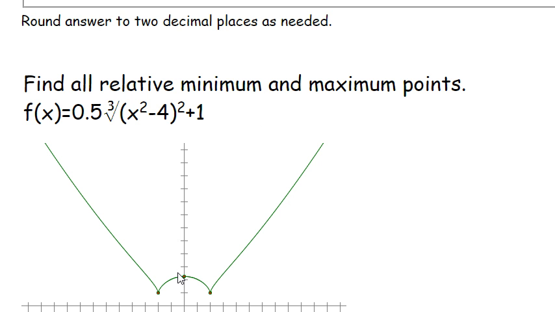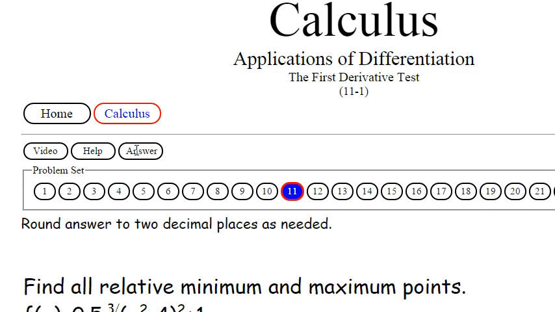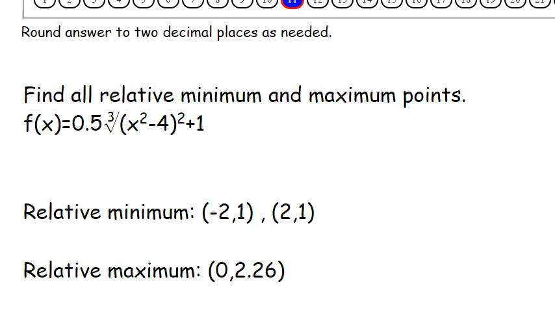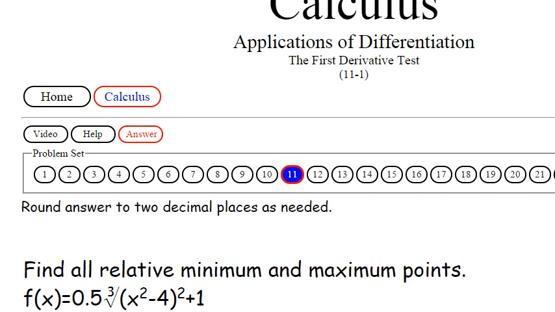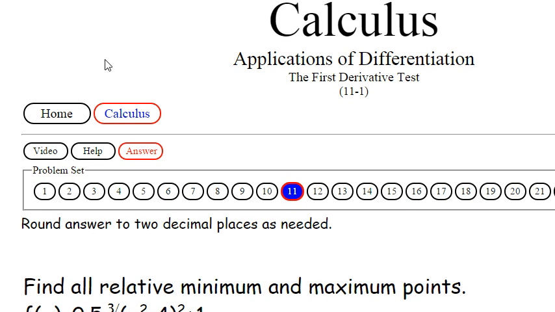I'm trying to save a little bit of time here. So as you can see, they should pretty much correspond with what you've got going on here. And then we'll just go ahead and hit the answer on this, see what it says. Negative 2, 1 and so forth. Round answer to 2 decimal places as needed, because the answer may come out to just 1 decimal place.